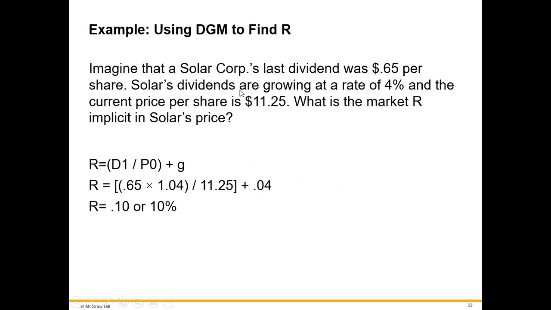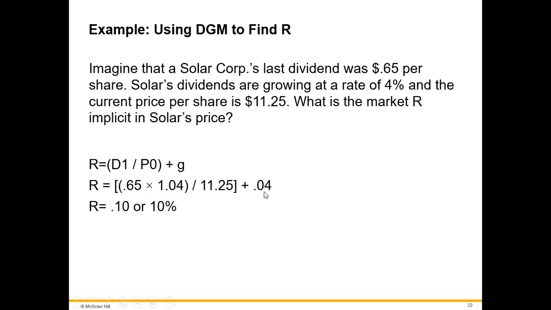Imagine that Solar Corp's last dividend was 65 cents per share. Solar dividends are growing at a rate of 4%, and the current price per share is $11.25. What is the market R, or market rate of return discount rate, implicit in Solar's price? Because remember, that helps create the price. We'll take the dividend for next year, so 65 cents times 1.04, 1 plus the growth rate. Divide that by the current price of $11.25. You'll get 0.06.